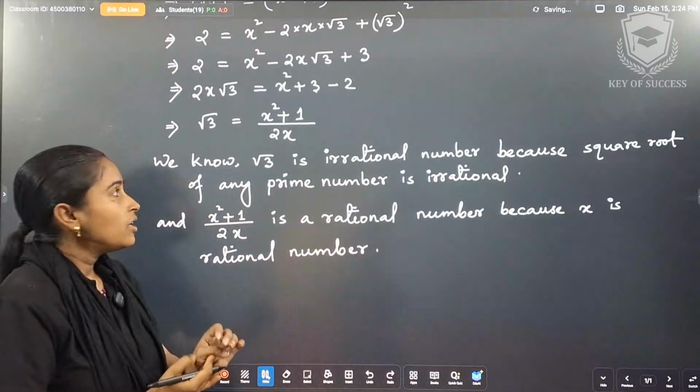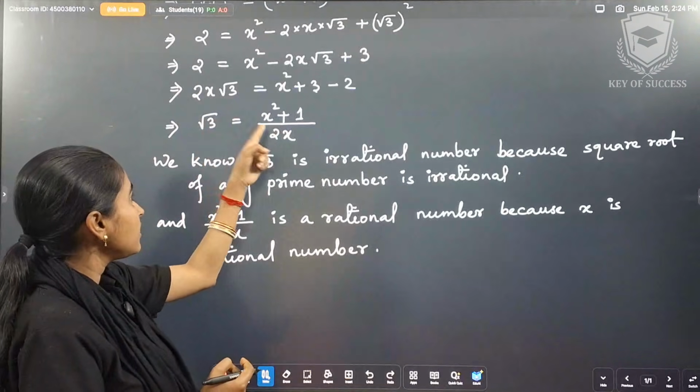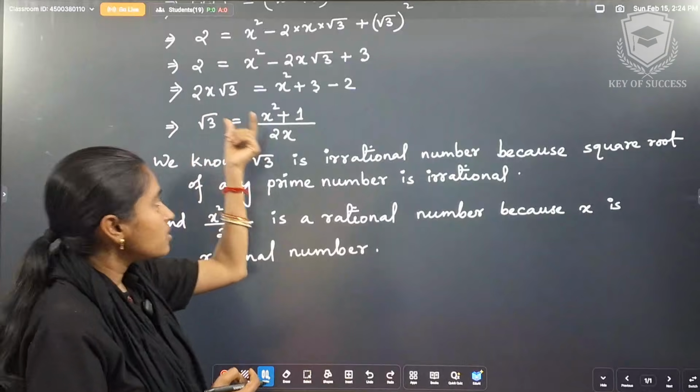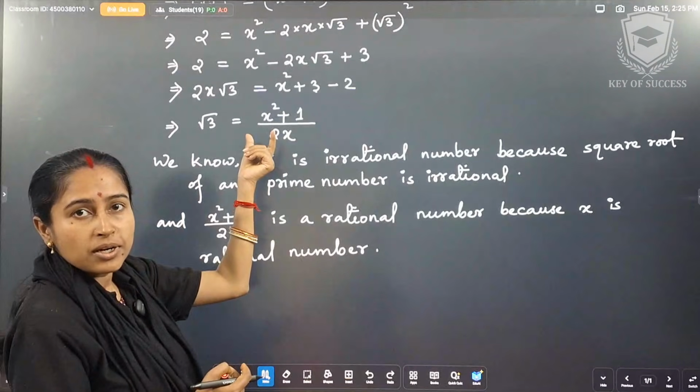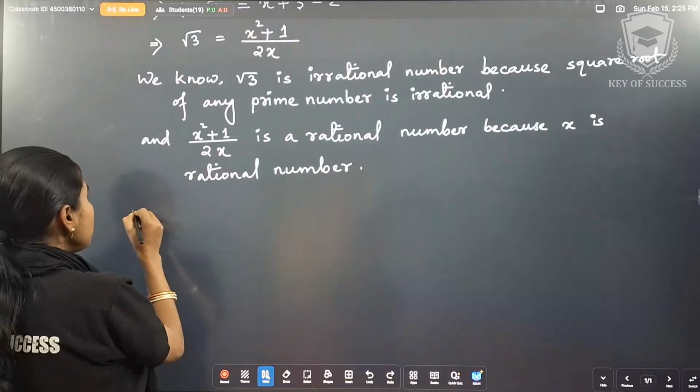Now what we got? This one is irrational, this is a rational number, and in between these two an equal symbol is there. That means an irrational number is equal to a rational number, which is not possible. Okay, then what we will write?